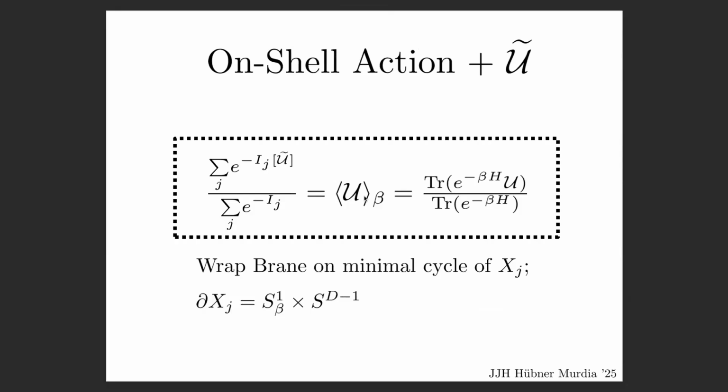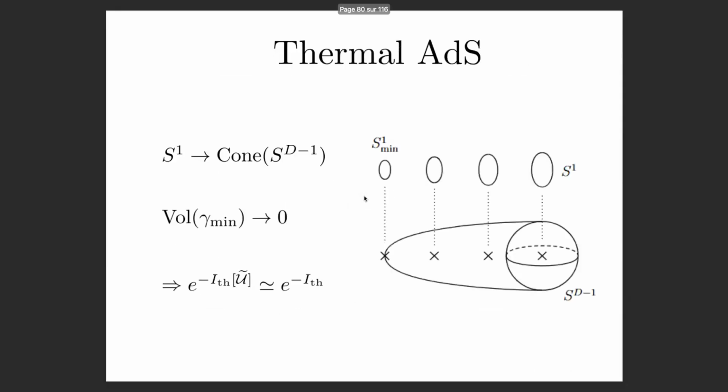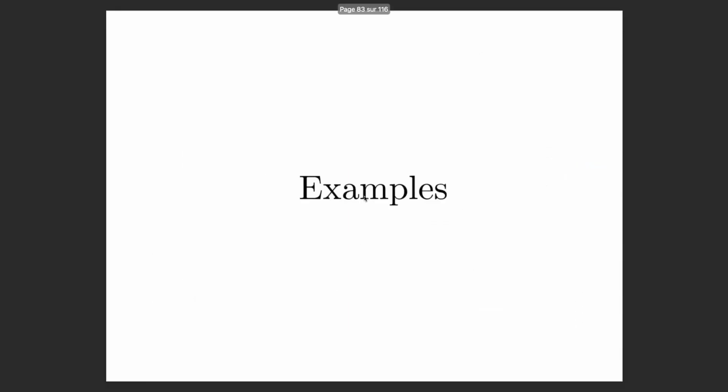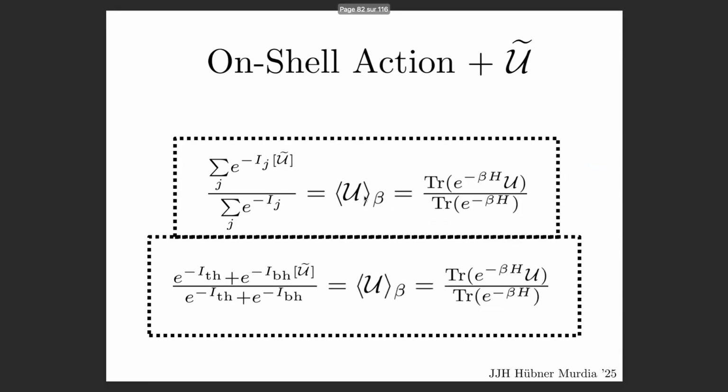But in the thermal background, there is no S^(D-1) for it to wrap, and it all shrinks away. So the saddle points are informing us about how topology is messing up our symmetry. Okay, so in thermal AdS, nothing happens. In AdS Schwarzschild, the brane can wrap this minimal cycle.